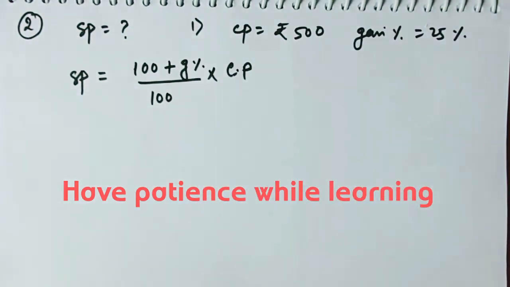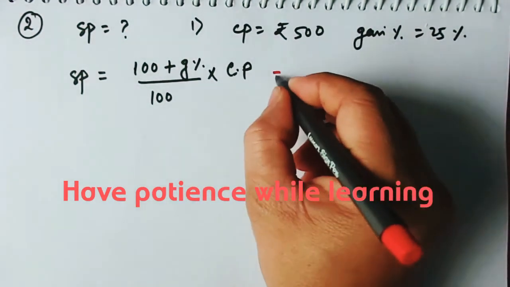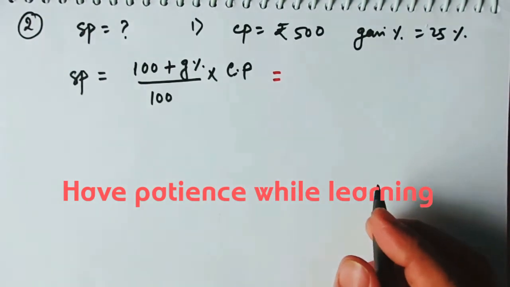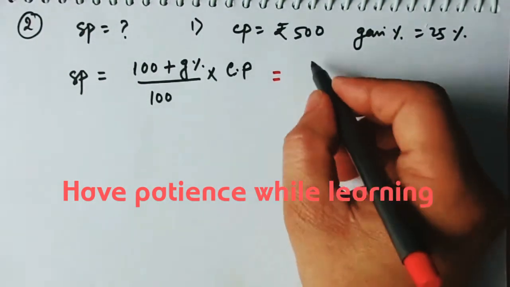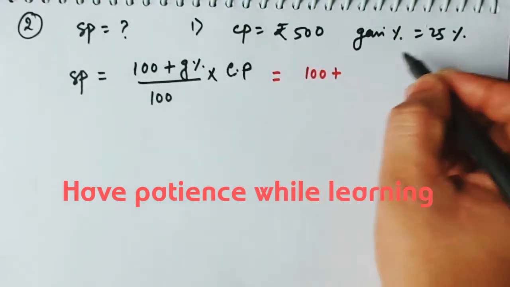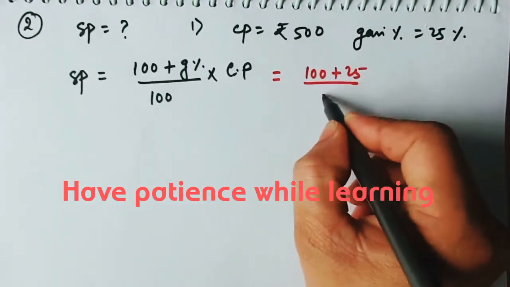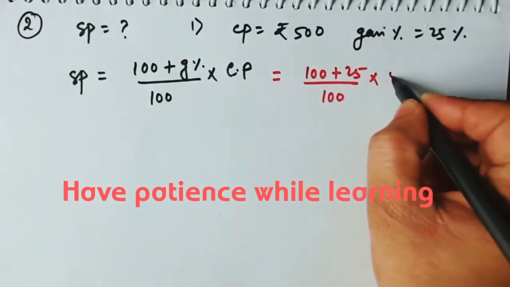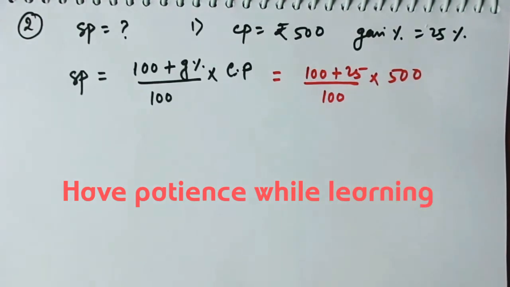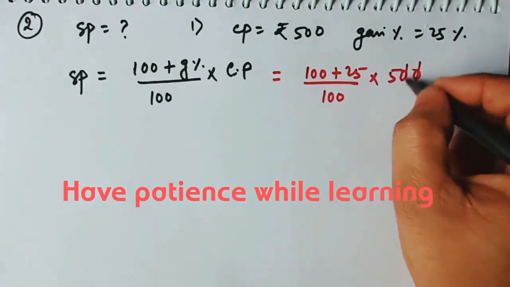Okay, have a look. So selling price will be equal to how much? Direct use of formula. So 100 plus 25 by 100 into 500. Do some cancellation work.